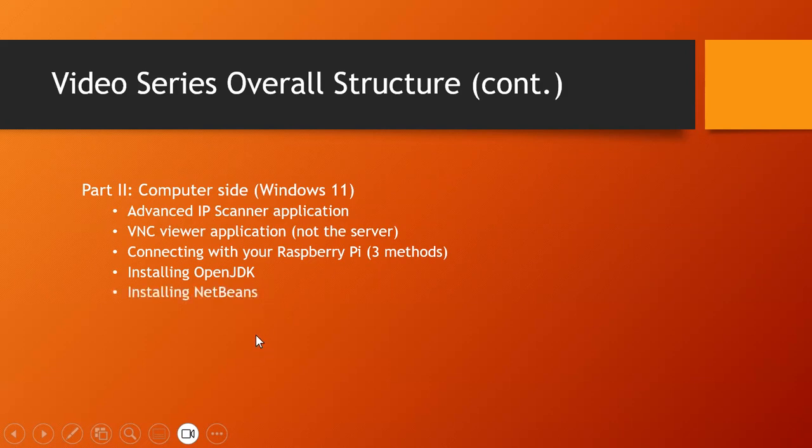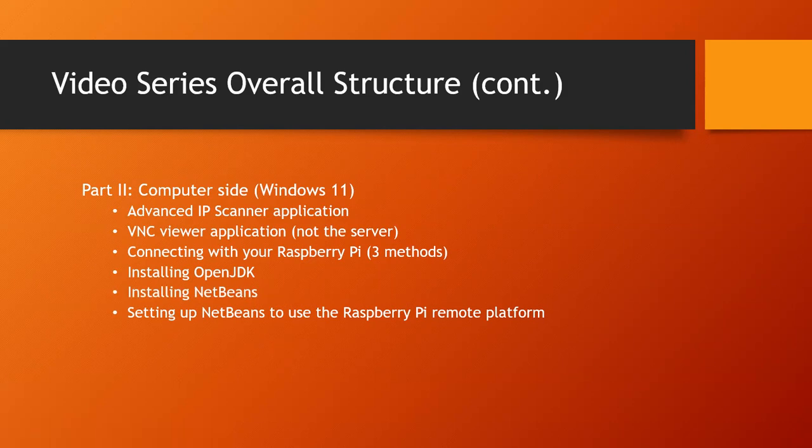And then finally, we're going to install NetBeans, right? And we are going to set NetBeans to use a Raspberry Pi remote platform. So we are going to create a remote platform that lets us develop code in NetBeans on your computer.